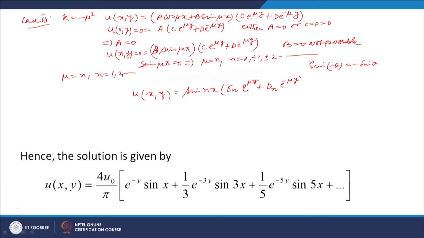So, we will have this sin n x times (e n e to the power n y plus d n e to the power minus n y).